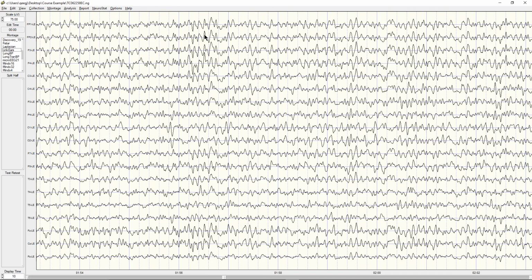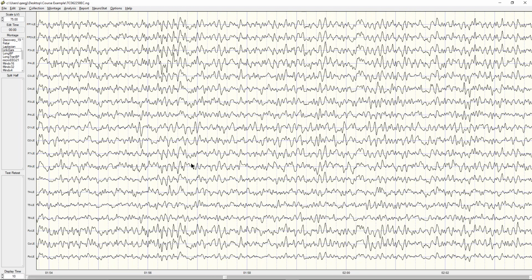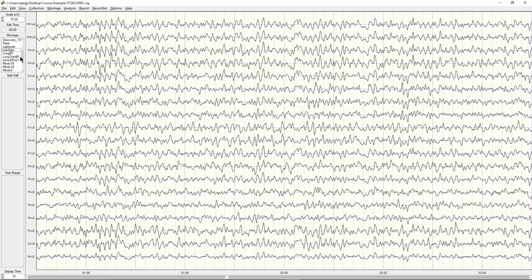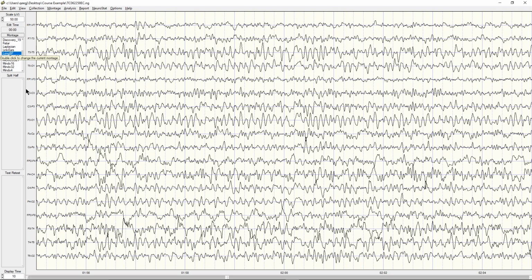We have a run of activity here, and it's kind of a mixed frequency event, and it looks like it's showing up in all the locations. If we change the montage to longitudinal bipolar montage, we can see that that activity is really in the temporal and temporal parietal combinations and really doesn't happen up here in the front.